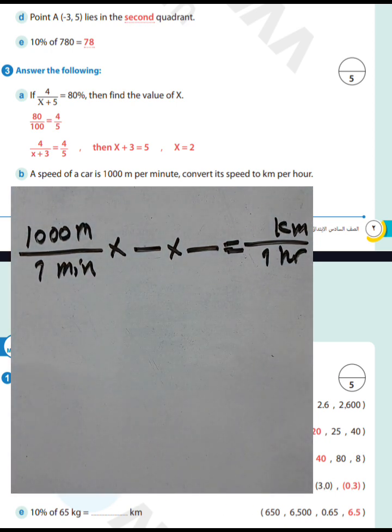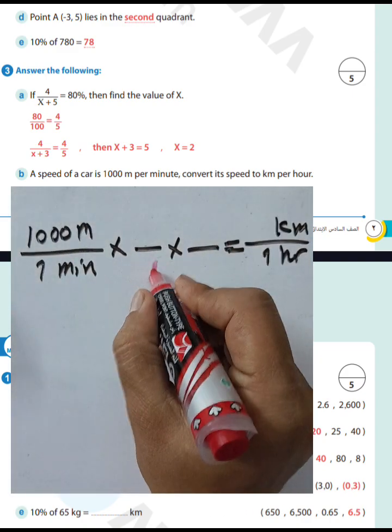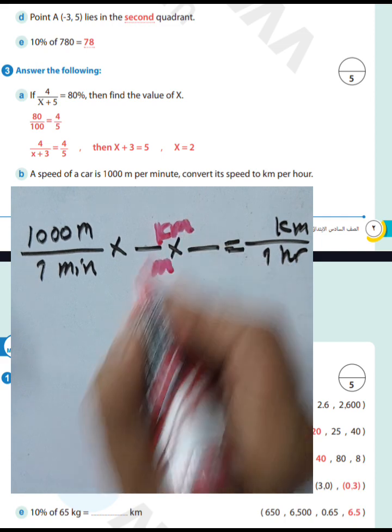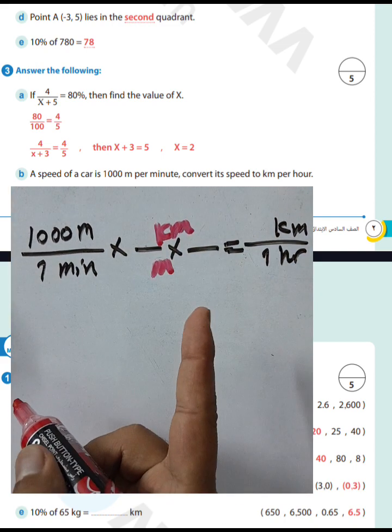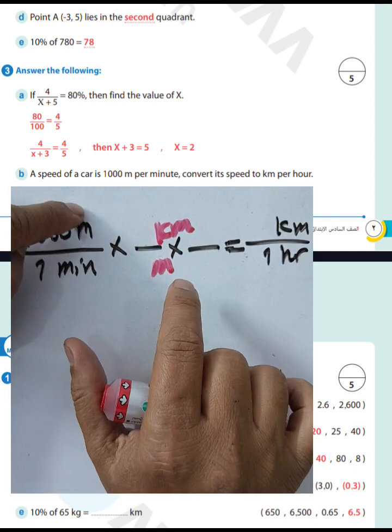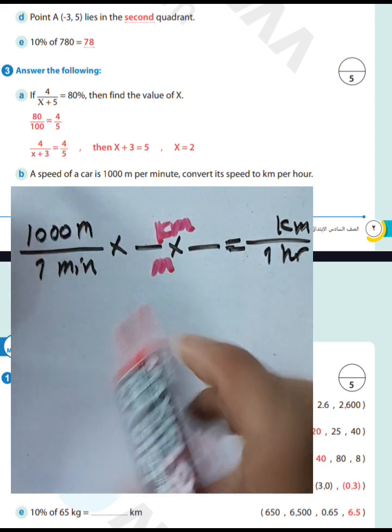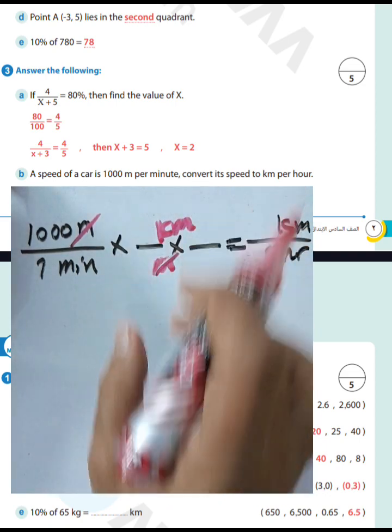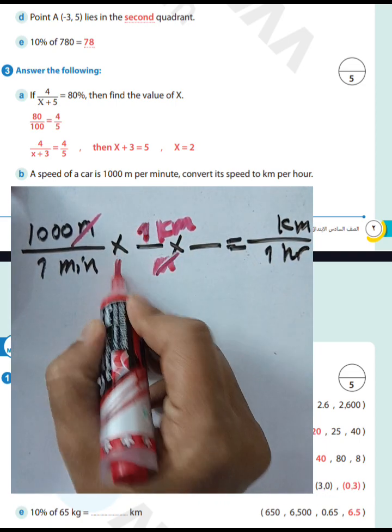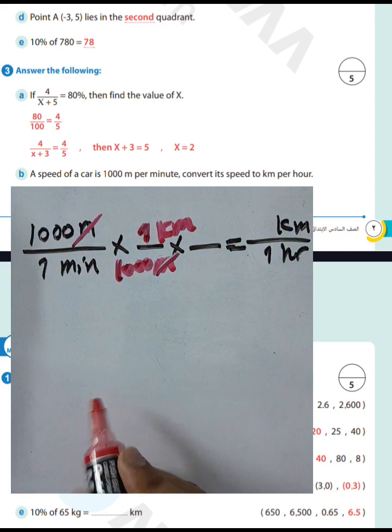The first step, you must cancel meter and write kilometer. Cancel meter here, write meter down and kilometer up. And we must know why we do it, because we want to cancel meter. Meter is up in the numerator, so you must write meter in the denominator to cancel them and write kilometer up. But we must know 1 kilometer equals 1000 meter. And we want to write hour.